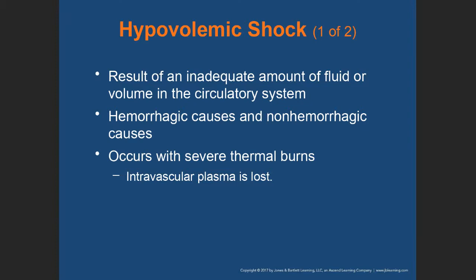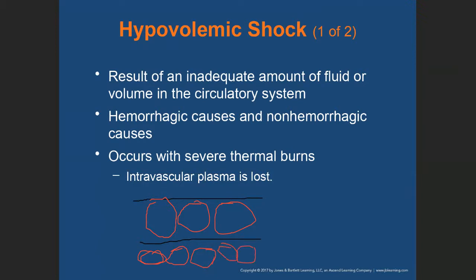With burns, basically what happens, so this is a blood vessel, and this blood vessel is the capillary, right? So this is the capillaries. You have your cells inside the capillaries, right? And outside of the capillaries, you have your tissue cells. So you have tissue cells outside of the capillaries.